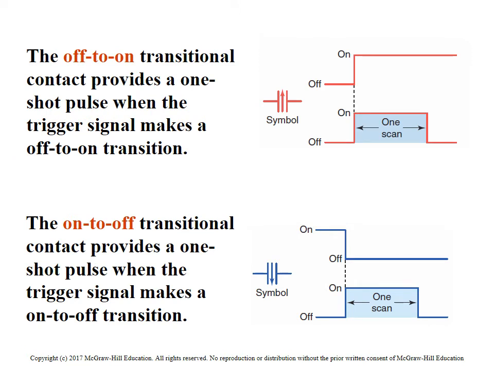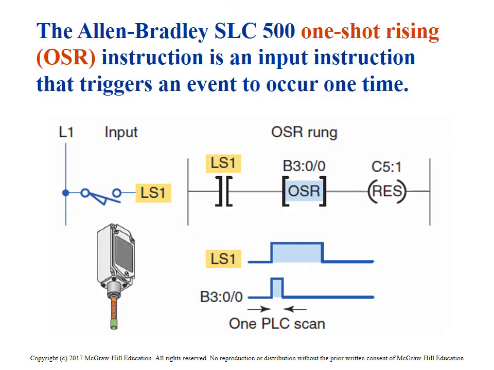Here they're showing us some symbols of how a one-shot would be displayed in a hardware configuration versus a software version, like a ladder program. But basically it's just stating that it's on for one scan, with an on-to-off or off-to-on state. As you can see, it's only on for one scan in both cases.